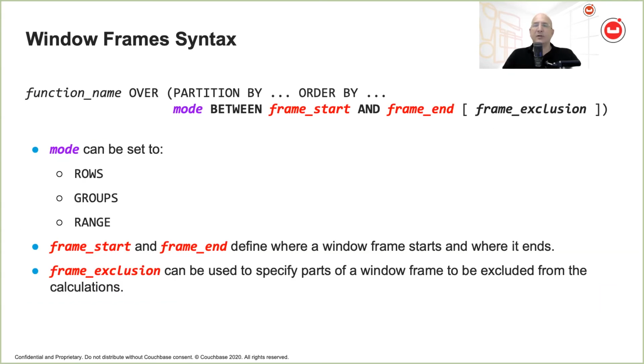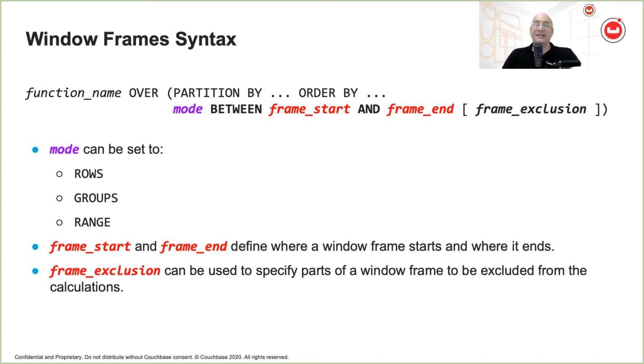To define a window frame, we can add inside of the parentheses of the over clause a special syntax that determines the framing mode and the framing boundaries. The mode can be one of the following: rows, groups, or range. In addition, you can optionally specify parts of the window frame that you might want to exclude from the frame.